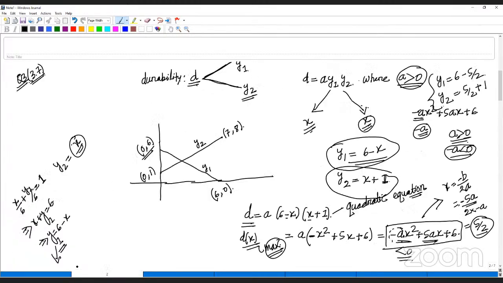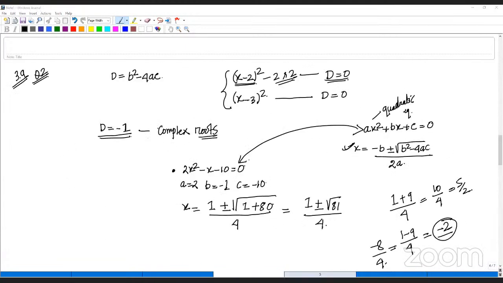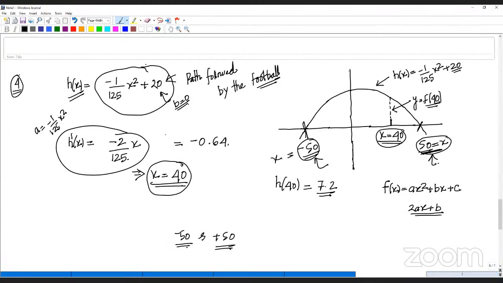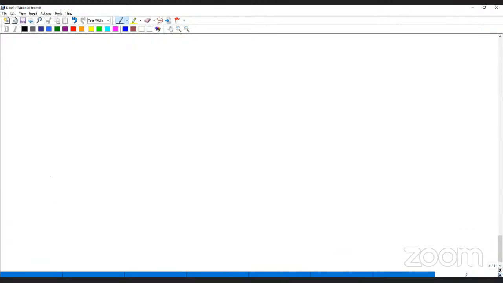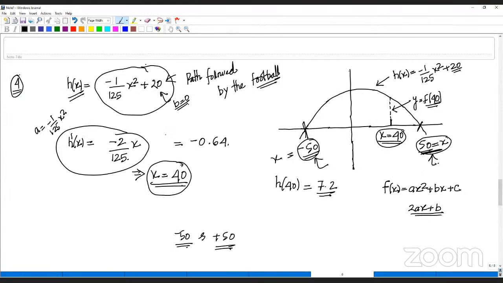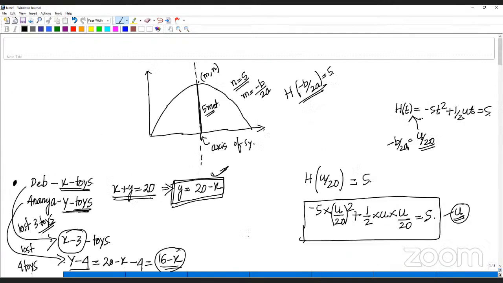So y minus 4. Okay. Yeah. So if you see, then y minus 4 is what?